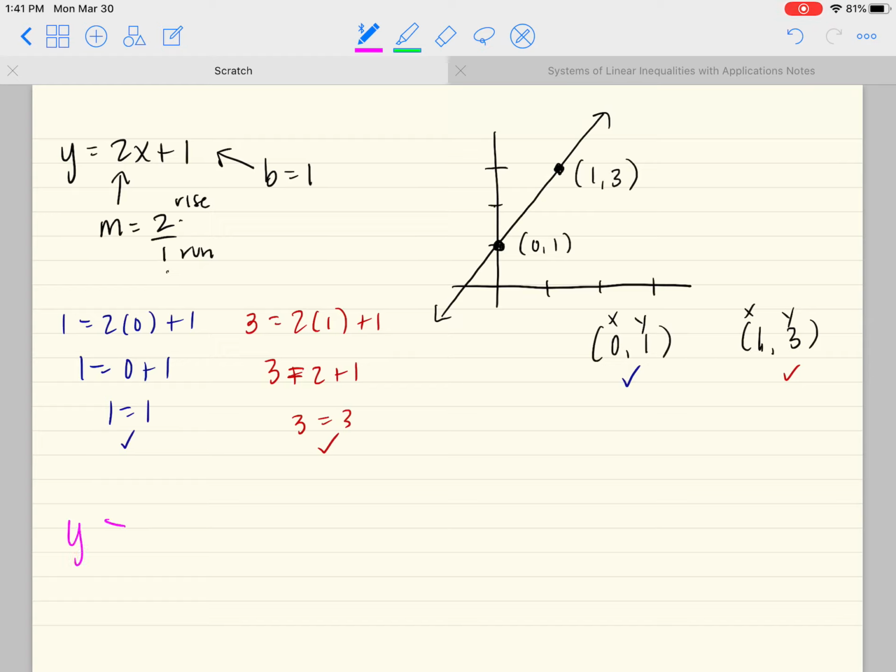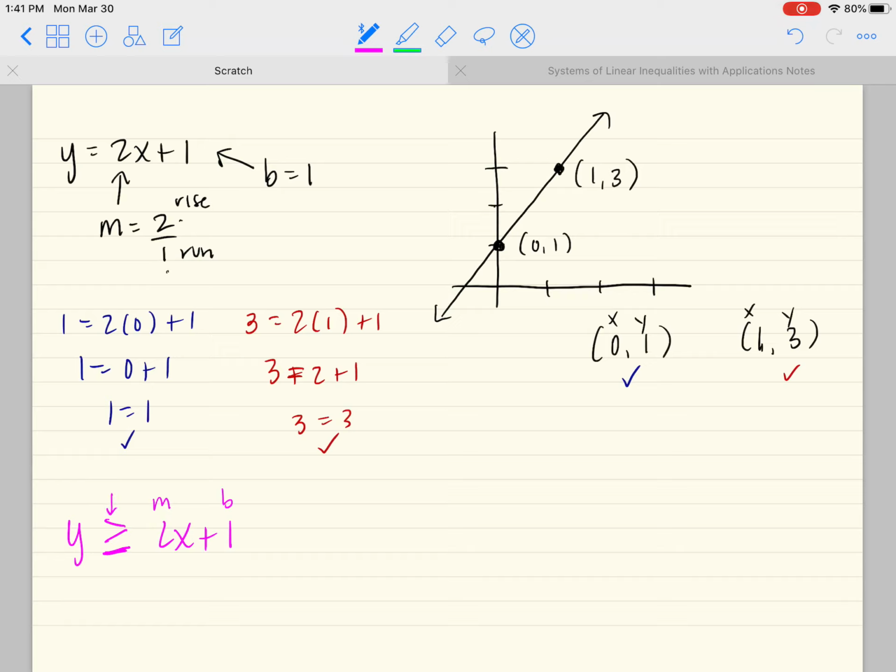Now, if I was to change my equal sign to, let's say, a greater than or equal to 2x plus 1, well, I still have the y equal to portion in there, which means that the points on my line are still going to be considered solutions. So I would graph this the same way, has the same slope, has the same y-intercept.